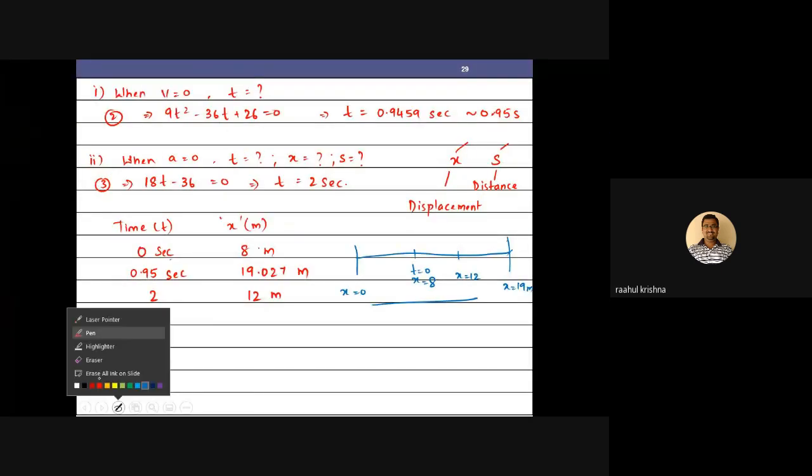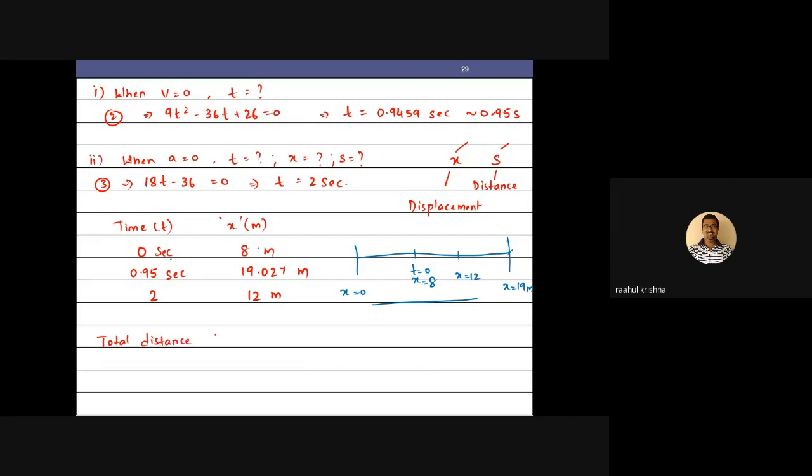So that will be my expression for the total distance traveled. So my total distance traveled equals 19.027 minus 8 plus 19.027 minus 12.